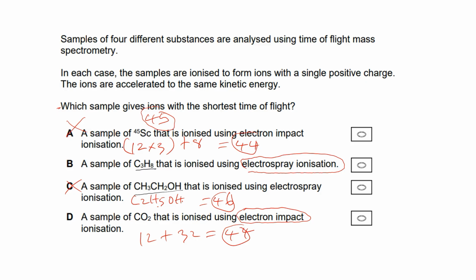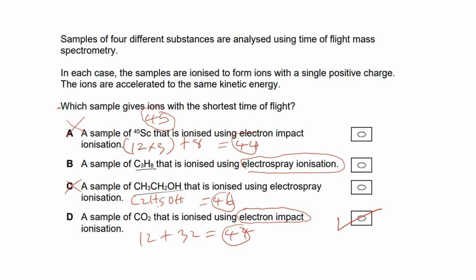There are different types of mass spectrometer. We have electrospray and we have electron impact. But in your curriculum, you are dealing with electron impact ionization. So the answer will be D.